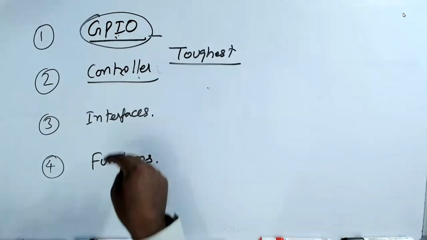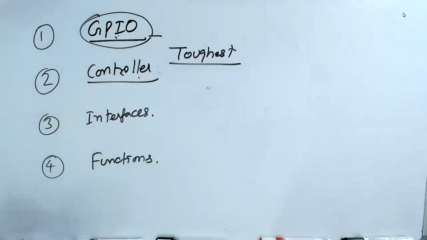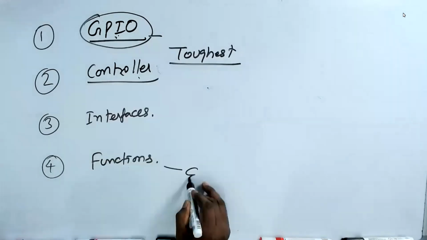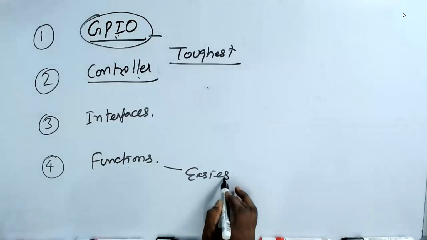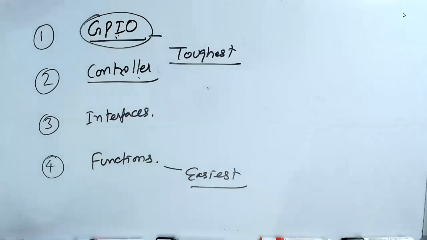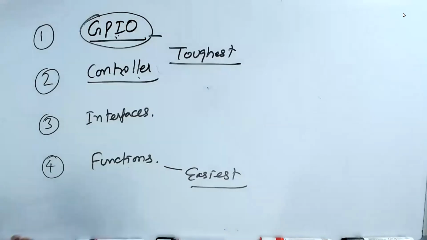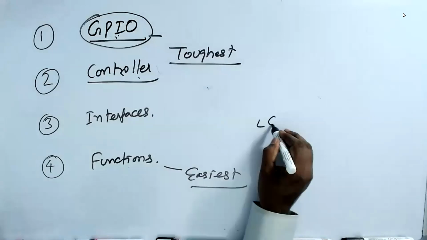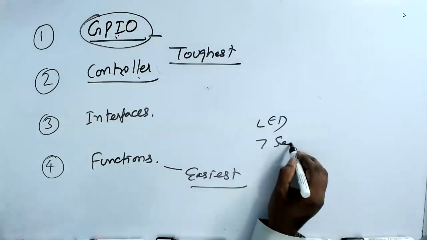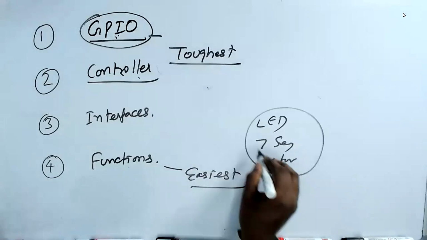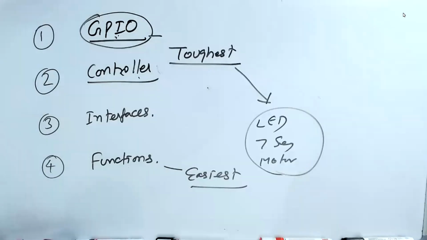No, this is the easiest. Do you agree with this? Right now, what you are doing, the GPIO, controlling the LED or 7 segment or motor, these are all the toughest programming. But using these functions is typically the easiest way. You need not know anything.